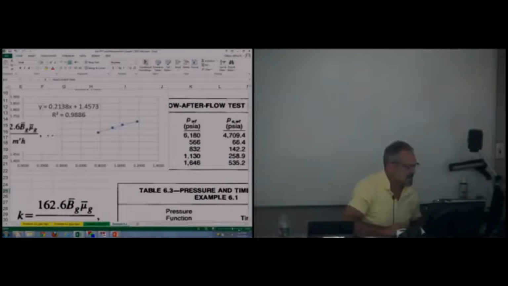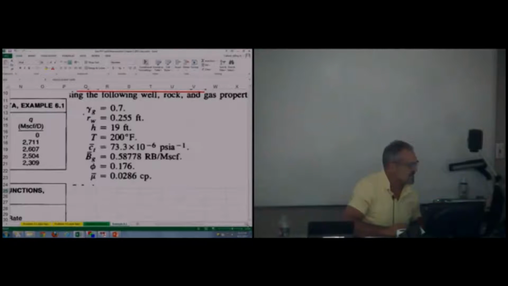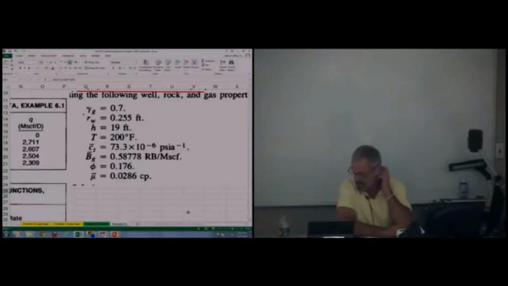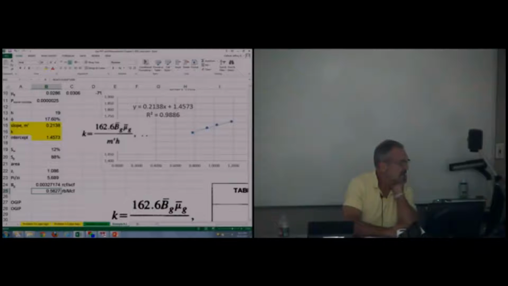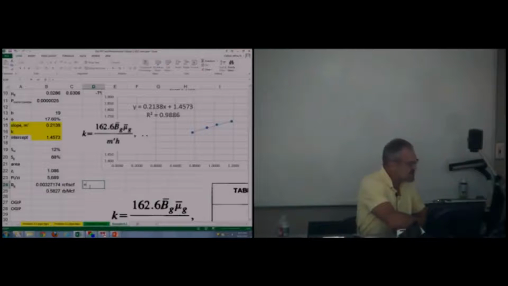5827 versus 58778. Okay? Sorry, could you go with that conversion one more time? Step on. I divided by 5.61458. In fact, I think I have a equals cubic feet per barrel.